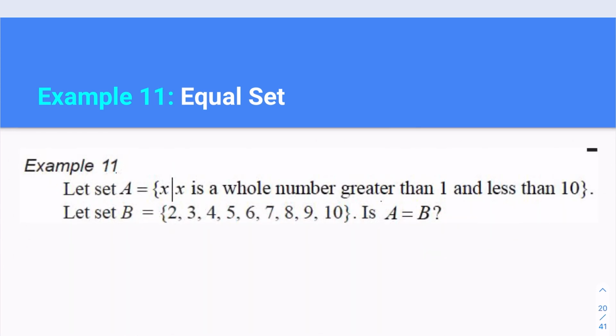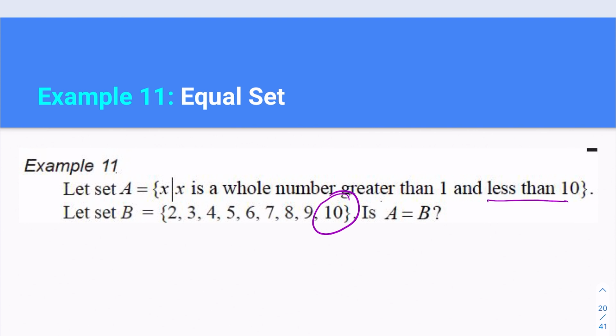Here in example 11, we are given that set A is equal to all x such that x is a whole number greater than 1 and less than 10. Let set B be equal to 2, 3, 4, 5, 6, 7, 8, 9, 10. So is A equal to B? I think the problem is this element, right? So the whole numbers 2 through 9 are in set A, but 10 is not because it has to be less than 10.